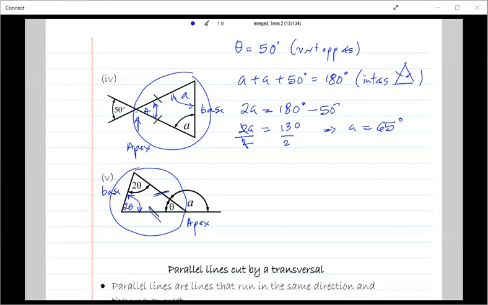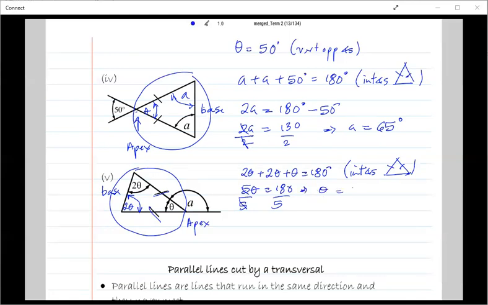Now, the three interior angles of a triangle must add up to 180 degrees. So 2 theta plus 2 theta plus theta is equal to 180 degrees. They are the interior angles of an isosceles triangle. This is 5 theta is equal to 180. Divide both sides by 5. And we get theta is equal to, this is what? 36 degrees.